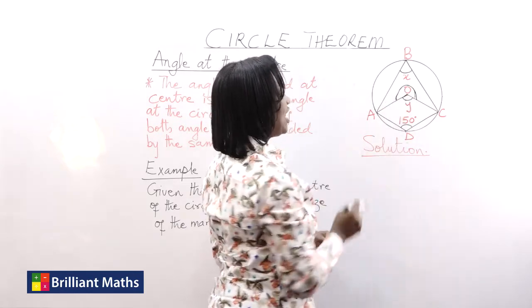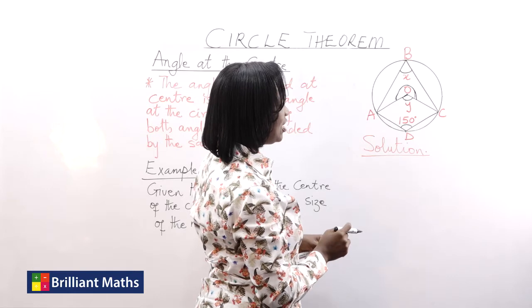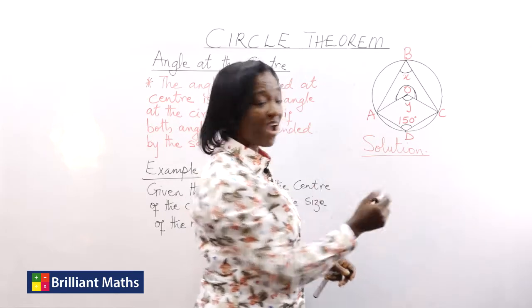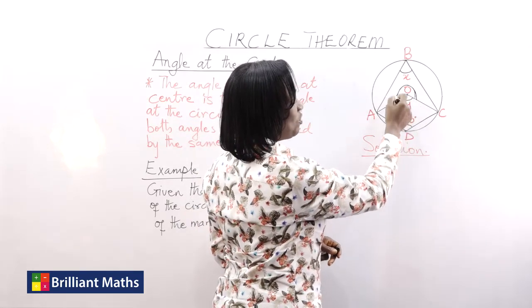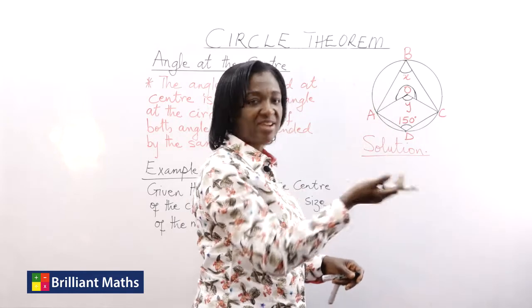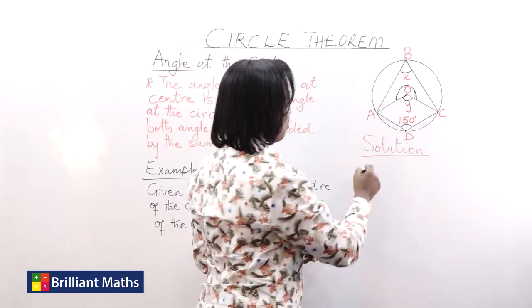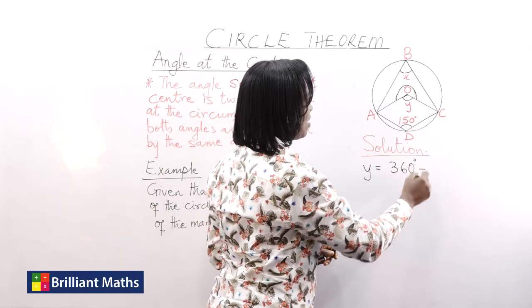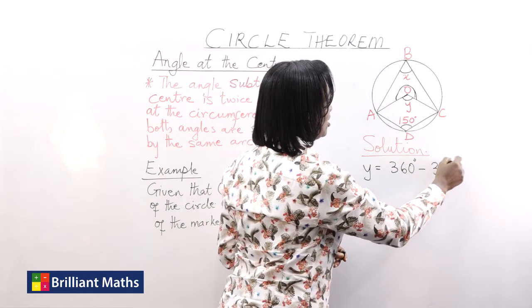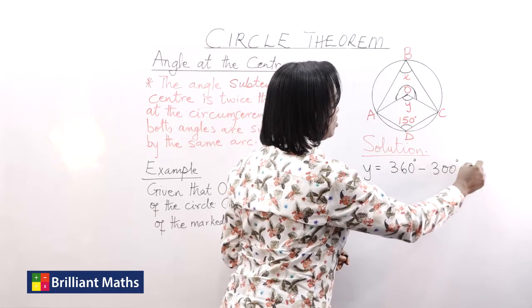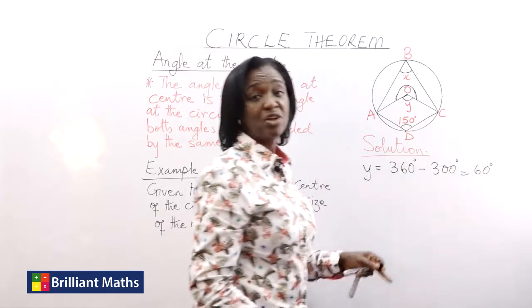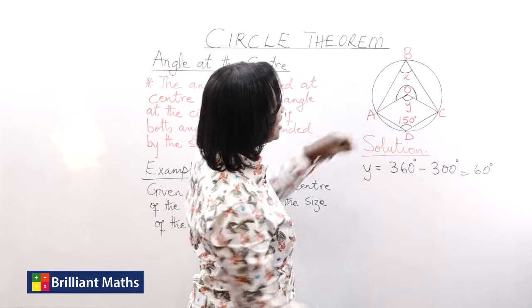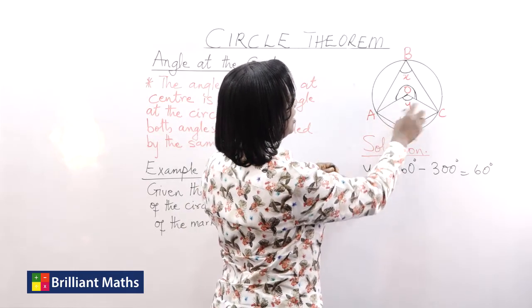So if we know that that angle is 300, then angle Y is equal to 360 minus 300. So Y is equal to 360 degrees minus 300 degrees, which is equal to 60 degrees. So angle Y is 60 degrees.